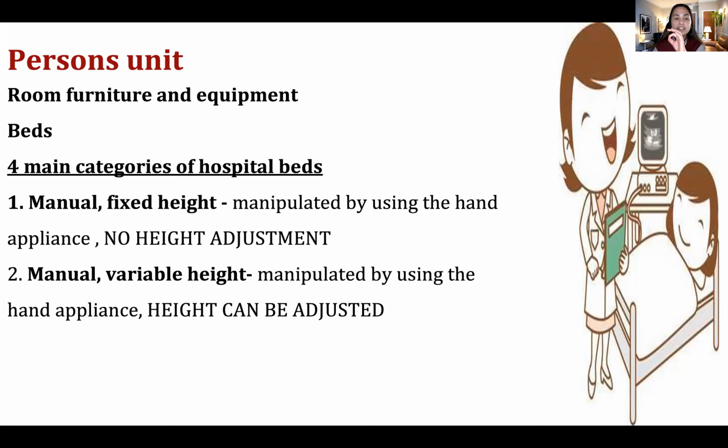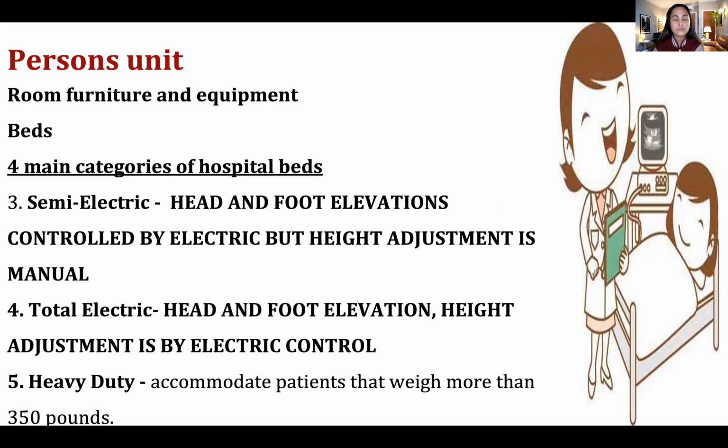there's no height adjustment. Okay, if you remember the last bed that we used last Friday, that is called manual fixed height. You cannot adjust the height, but you can manipulate it to elevate the head and elevate the feet part. Manual variable height, you can manipulate the head, the feet, and the height of the bed.